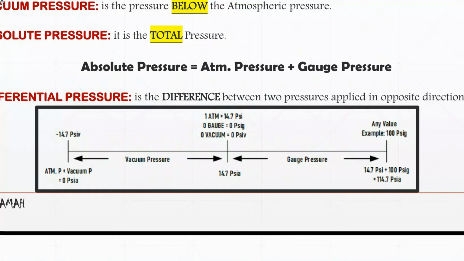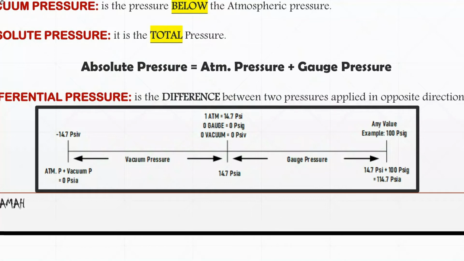Sometimes you can see in the unit of psi, the last letter represents the type of measurement. So if you are measuring only the gauge pressure, you will see psig, okay, which means psi gauge.